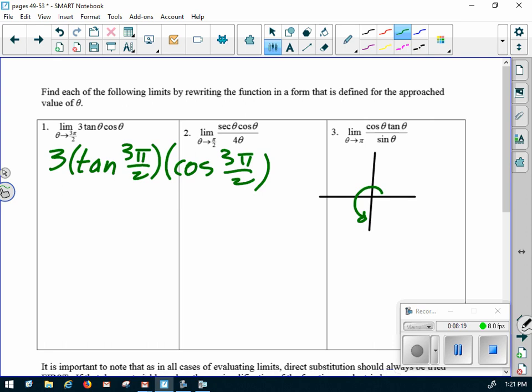Sine of 3 pi over 2 is negative 1. Cosine of 3 pi over 2 is 0. Tangent of 3 pi over 2 is undefined. I cannot do this problem by direct substitution. It doesn't mean I have a hole necessarily if I graphed it, but I've got a problem.